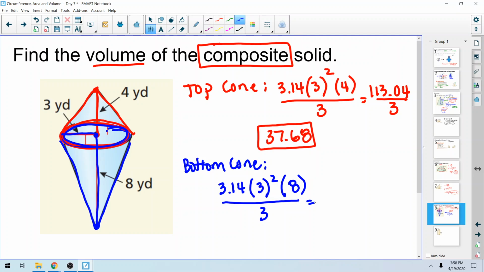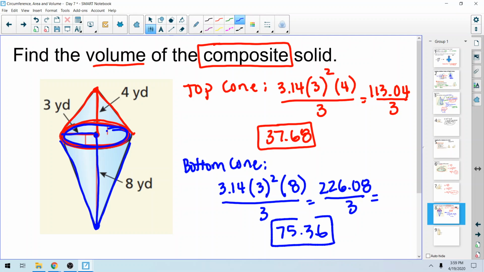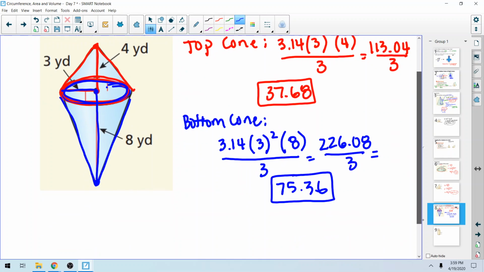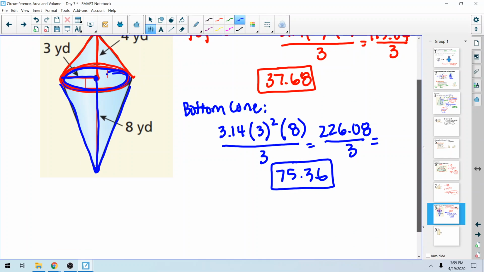So 3.14 times 3 squared times 8 is 226.08, and then we're going to divide that by 3, which gets us 75.36.